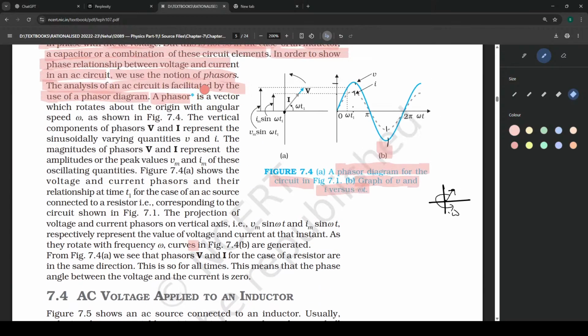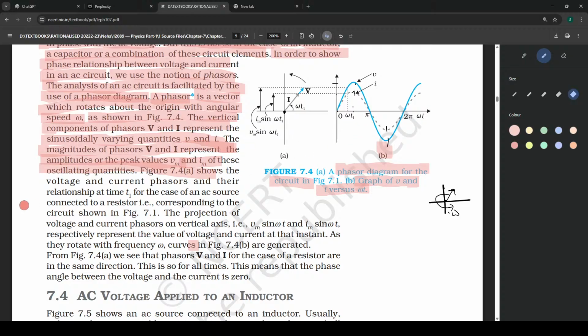A phasor is a vector which rotates about the origin with angular speed omega. As shown in figure 7.4, the vertical components of phasor V and I represent the sinusoidally varying quantities V and I. The magnitudes of phasor V and I represent the amplitudes or peak values of these oscillating quantities.